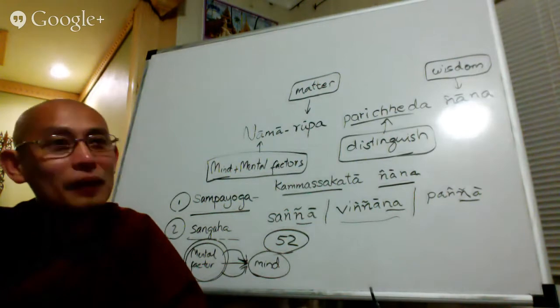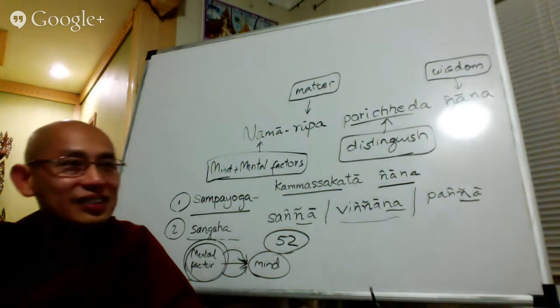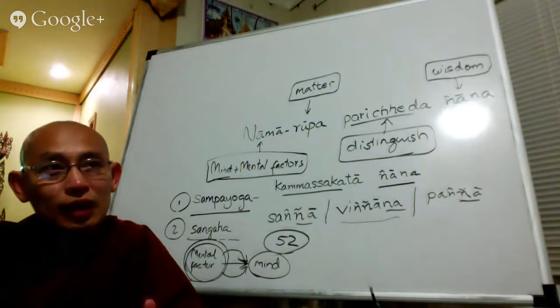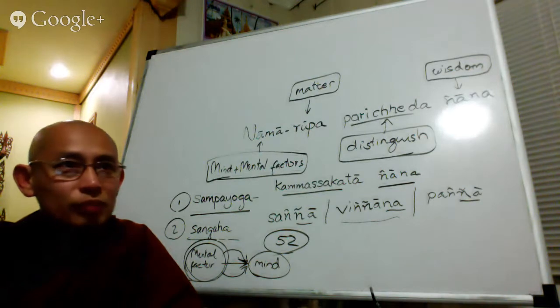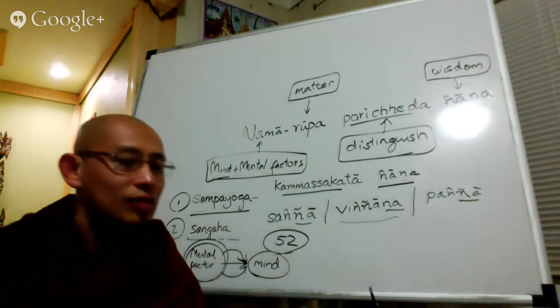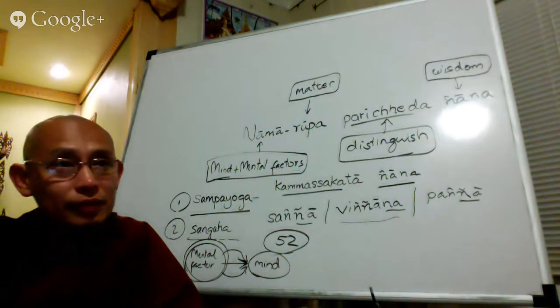Okay. So Vitaka is associated with altogether 55 types of mind.